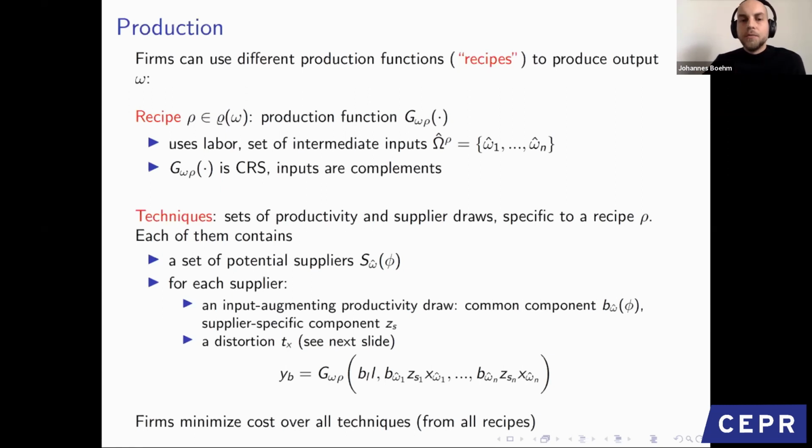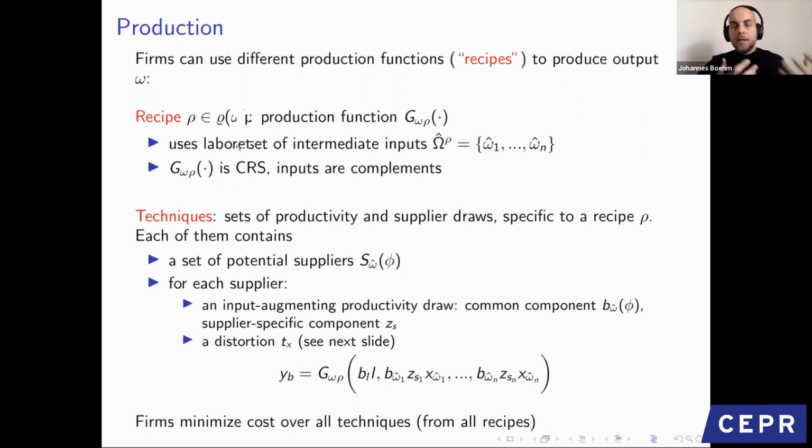So then the realization of this will be very good. But for some others, you might be facing a relatively large distortion. Okay? And we're assuming that these productivities are showing up in a quantity-augmenting way, okay, so in front of the quantity in the production function. So given this setup, firms are minimizing the cost over all the techniques from all the different recipes.